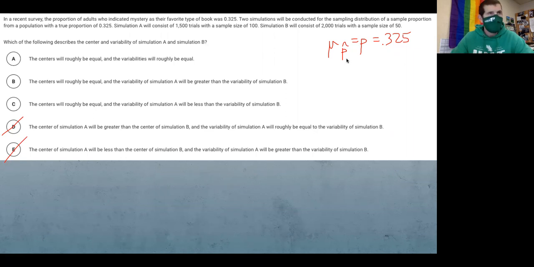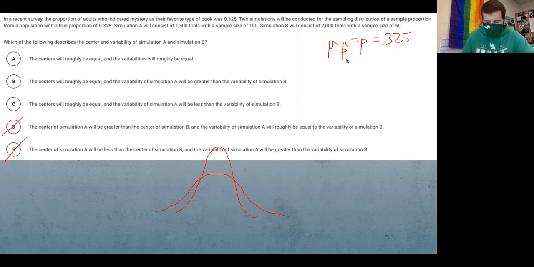Now we know that if this is your population distribution, a sampling distribution is going to be more compact, less spread out. And that is one thing we did talk about. This is just a reminder.